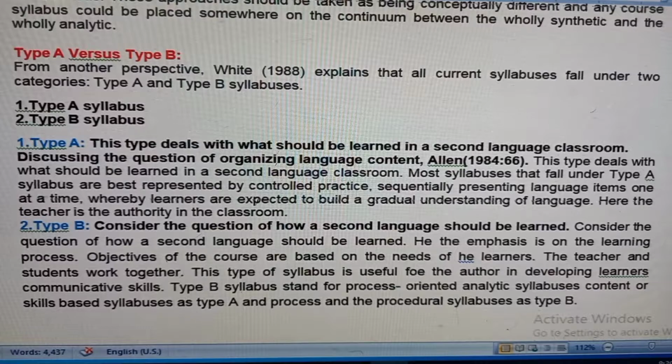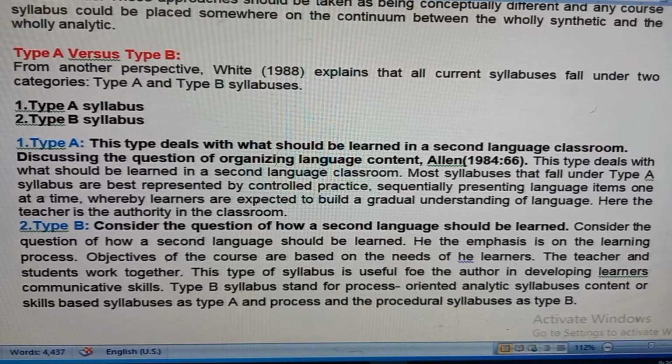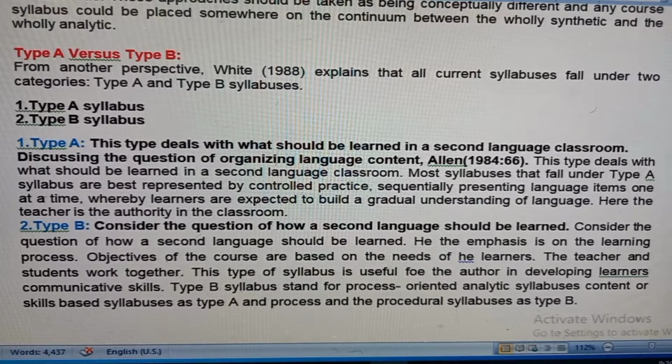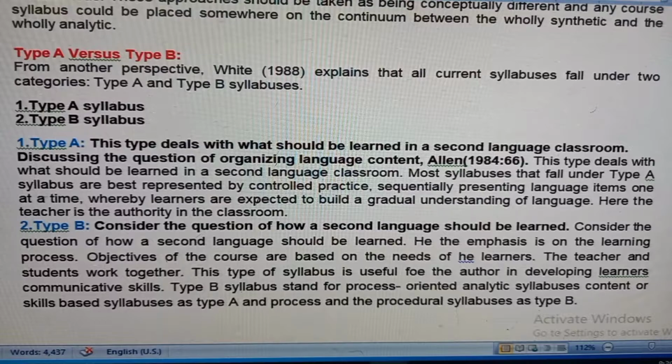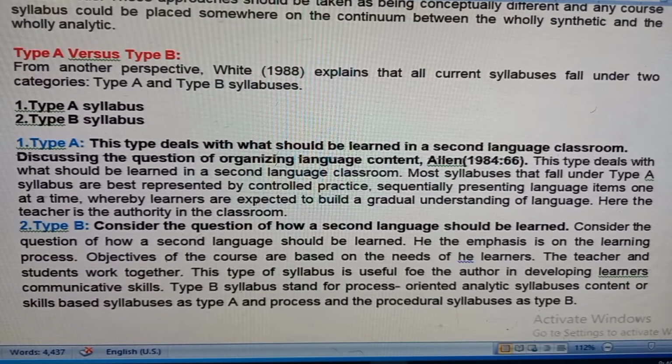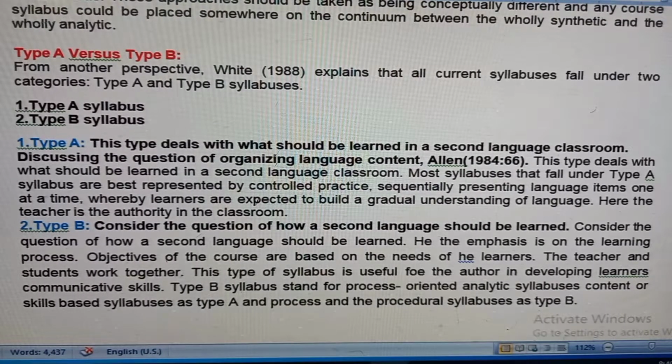Type A deals with what should be learned in a second language classroom, discussing the question of organizing language content, Allen, 1984, page 66.